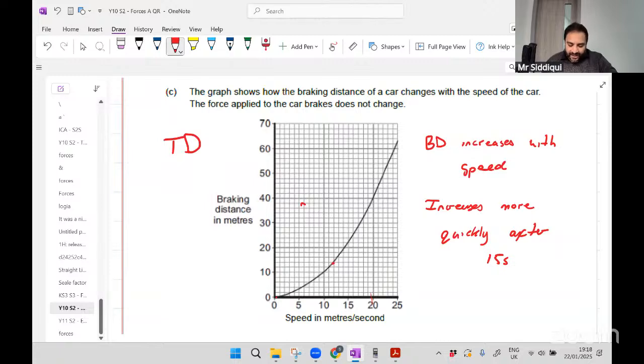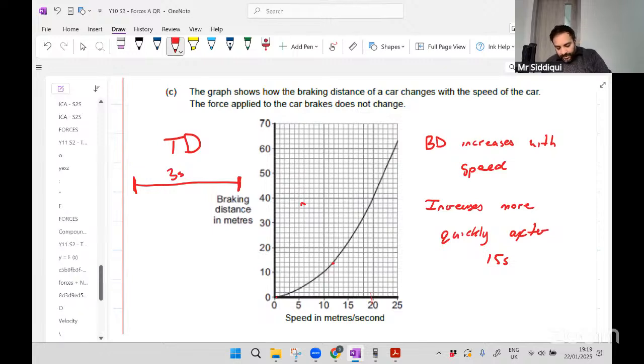The thinking distance is how far your car travels during your reaction time. So if your reaction time is, let's say, 2 seconds, then your car will travel a certain distance. If your reactions are slower due to alcohol or any other factor, then your reaction time might be longer, which means your car will go further.